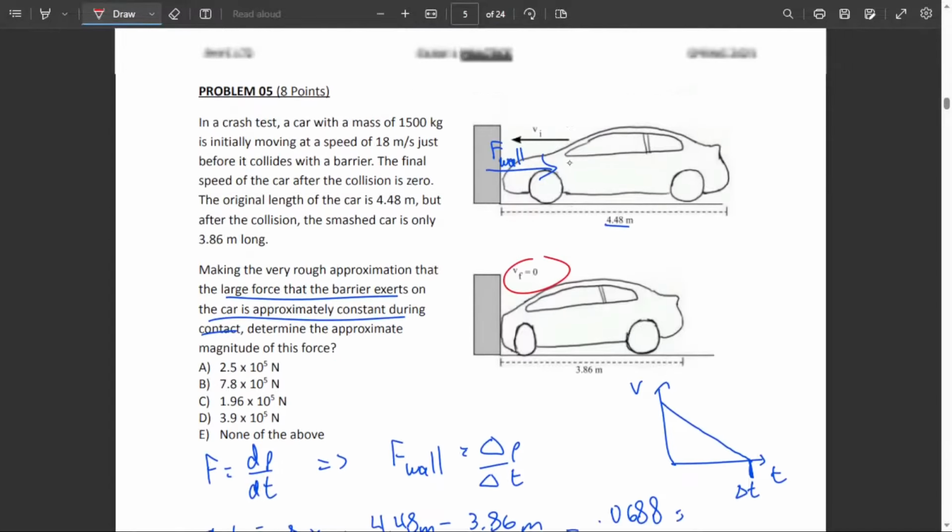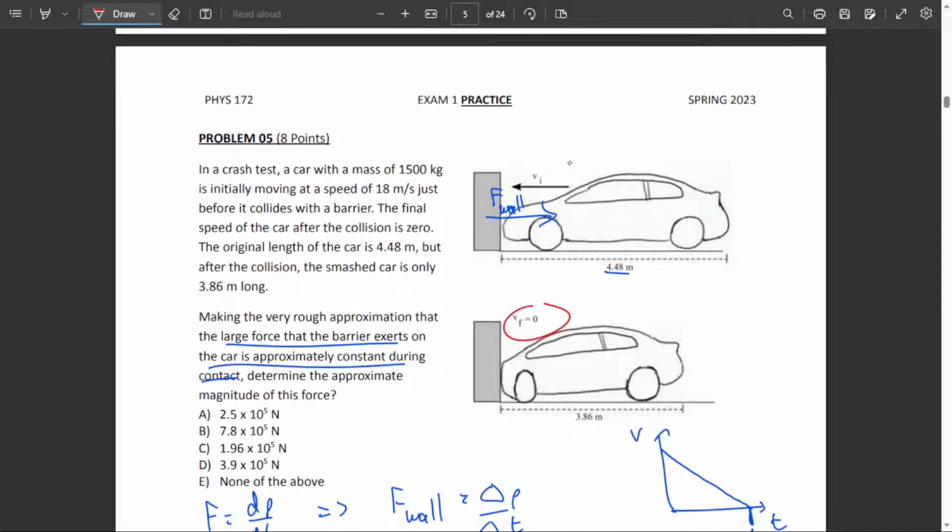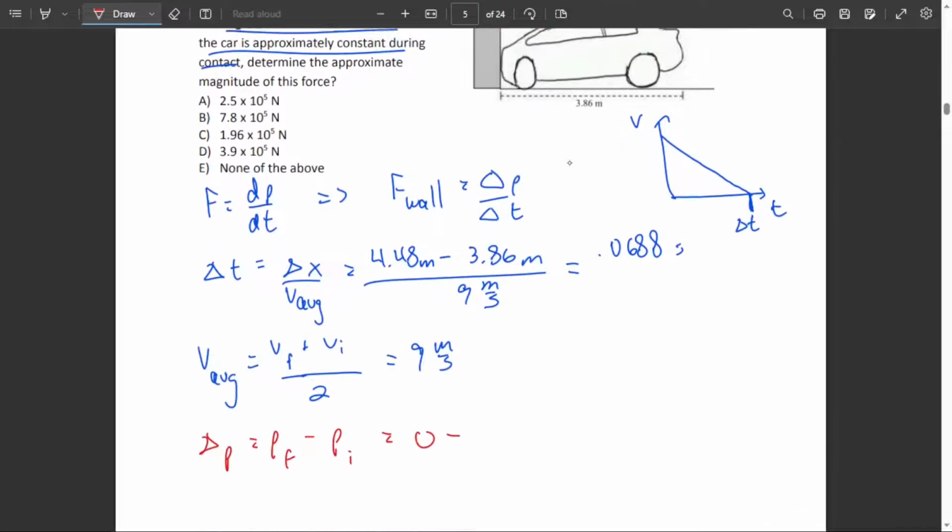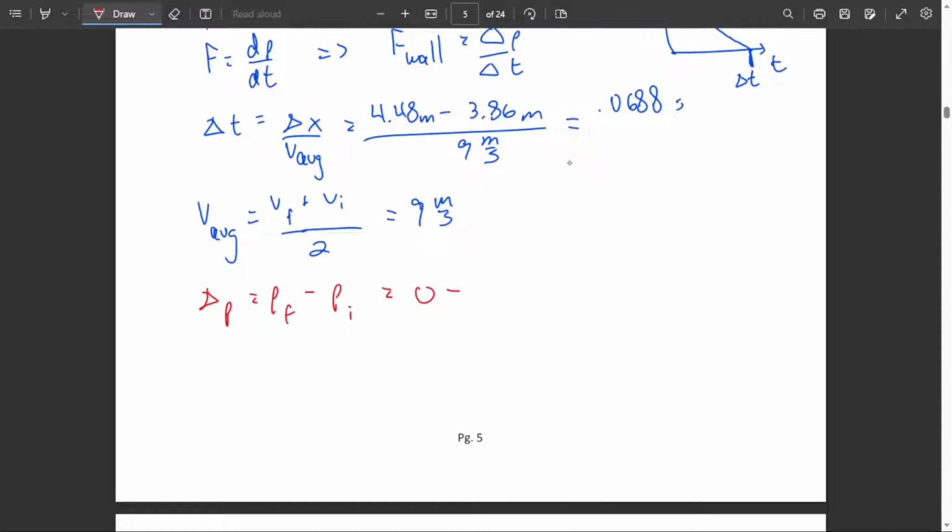The initial momentum is mass times the initial velocity, so 1500 times 18, and this equals 2700.